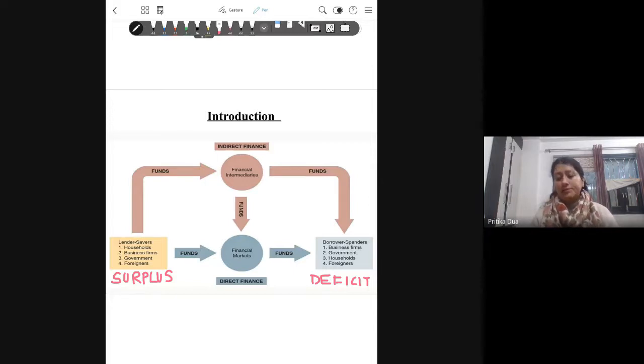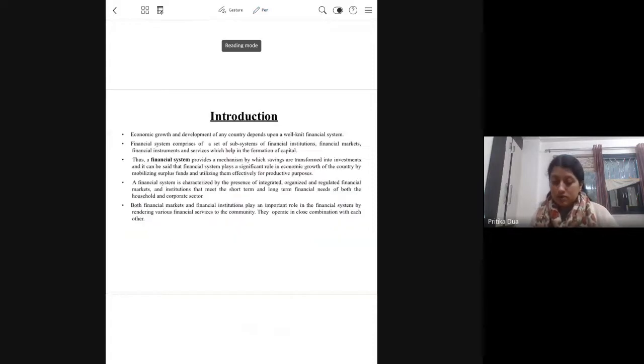Now, very easy to understand, but in reality, in practicality, it is a very complex system where you have closely related services, markets, institutions, which are trying to ensure an efficient and regular linkage between the investors and the depositors.